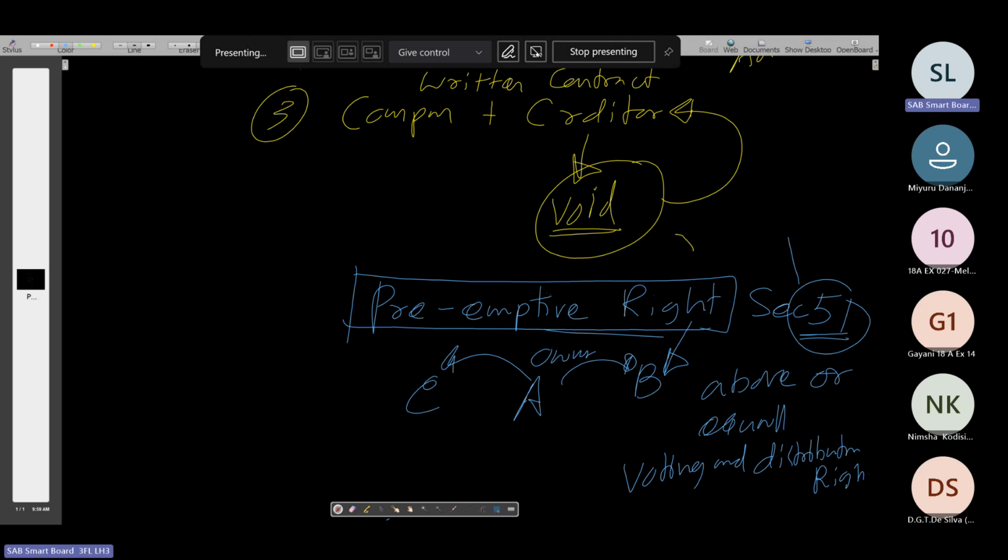So actually distribution means payment of dividend, repurchase, and redemption, these three.